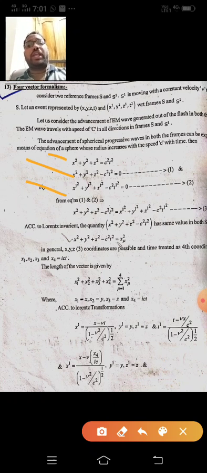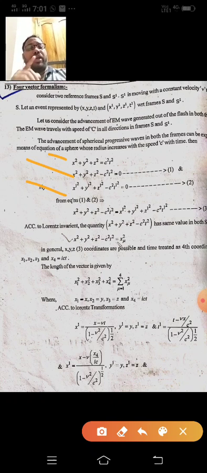In the S dash frame, we can write x dash square plus y dash square plus z dash square minus c square t dash square. From equations 1 and 2, these two equations are equal. Why?